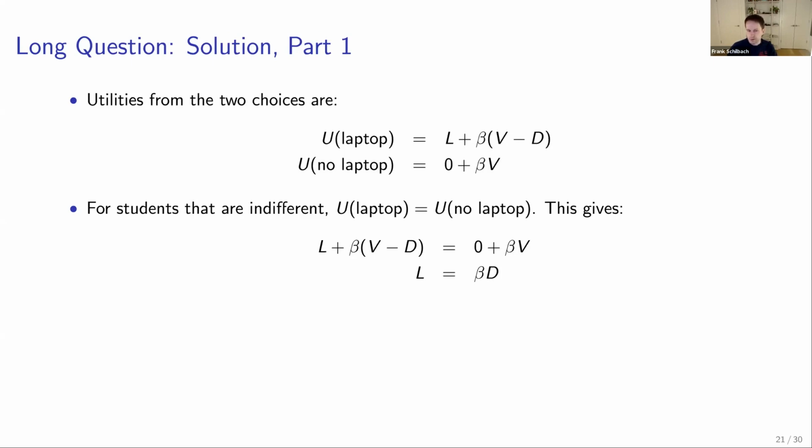Notice that the beta times V is always there, so it cancels, and what we get is that for the person that's indifferent, L equals beta times D.